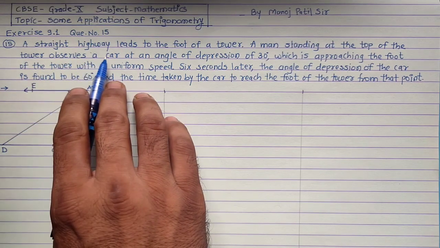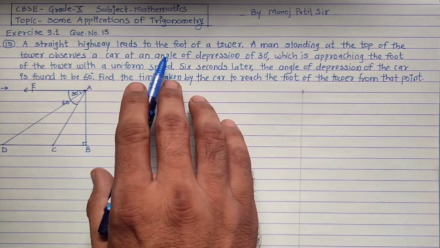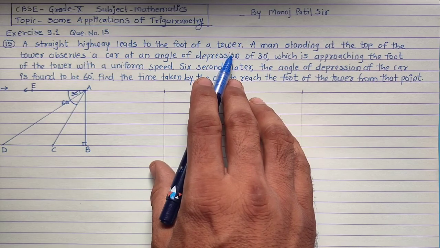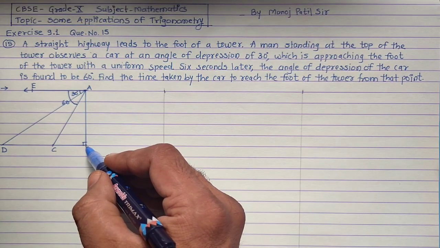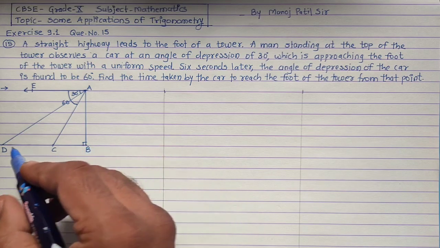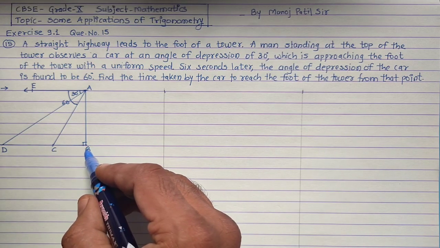A straight highway leads to the foot of a tower. So here AB is a tower and B is the foot of the tower, and this is a straight highway, say DB.